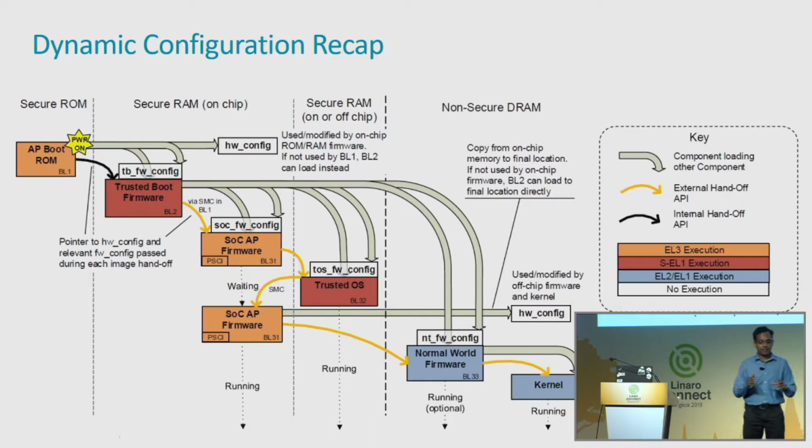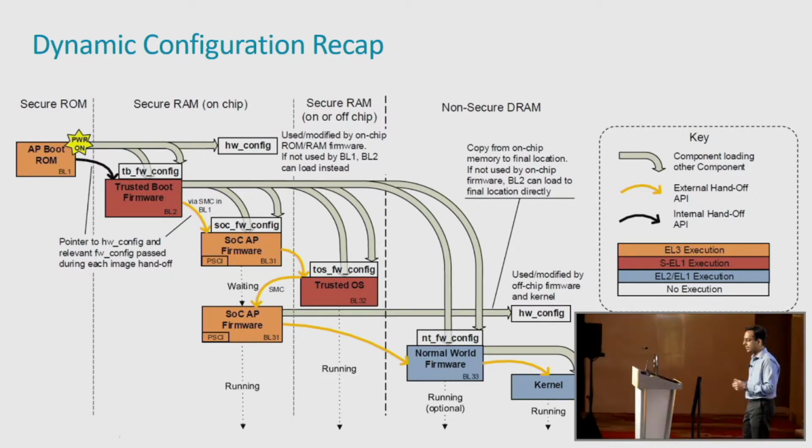You have BL31, and BL32, which is the trusted OS, for example OP-TEE. Then you have BL33, the normal world bootloader, like U-Boot or UEFI, and BL33 is responsible for loading the kernel along with the file system and the device tree blob. So this is the typical boot flow in Trusted Firmware-A.